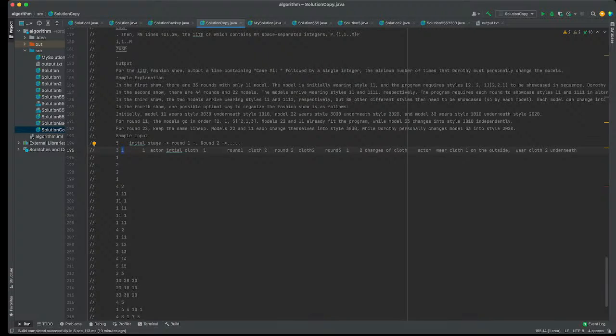In the initial stage, this person will wear clothes 1, then round 1, round 2, round 3. So this is a requirement. For each round, you need to see what clothes number this person needs to wear. And the question is, output the minimum changes required to follow the requirement.